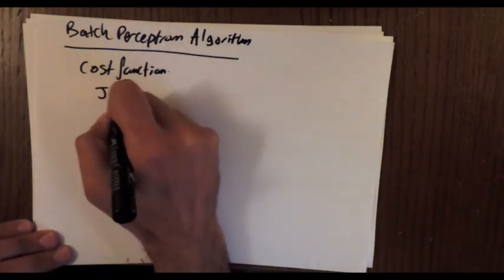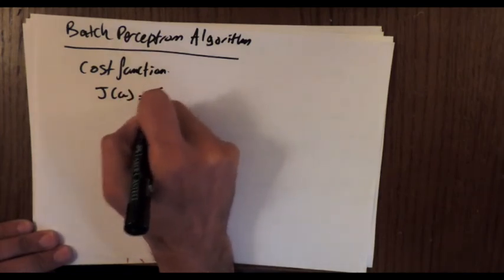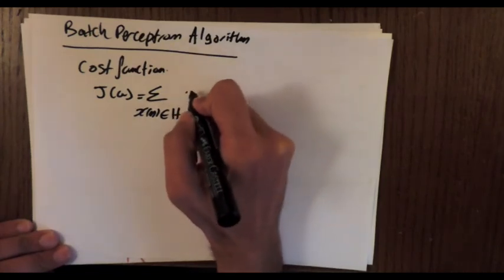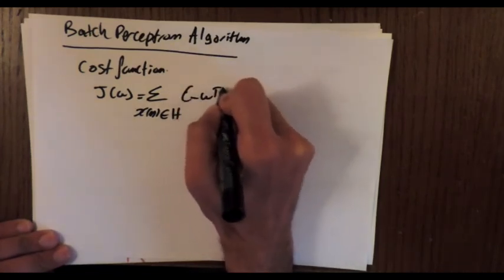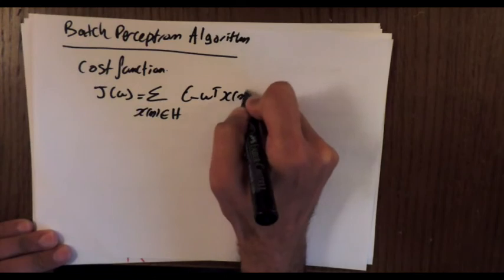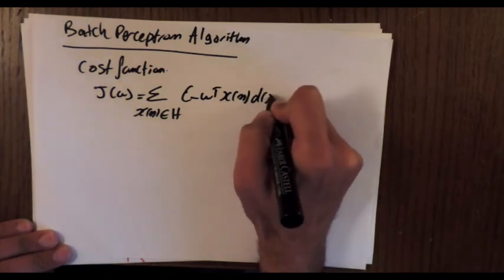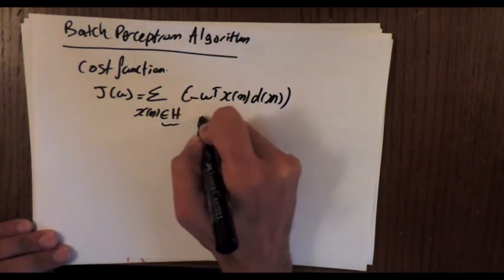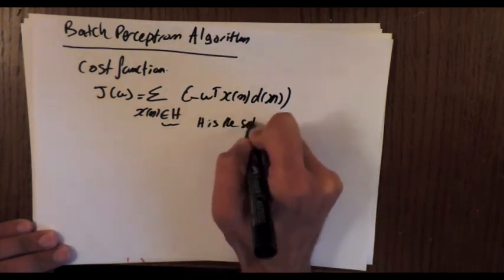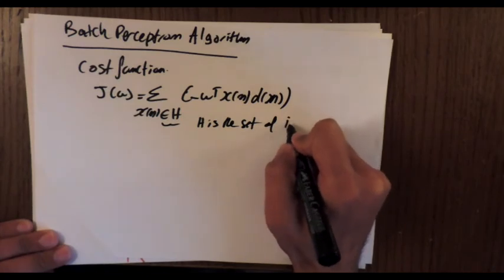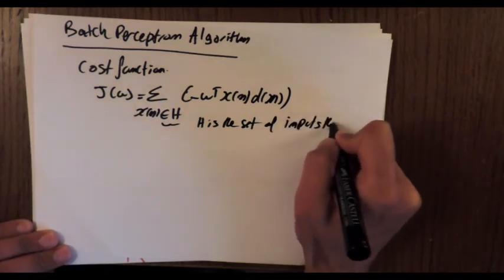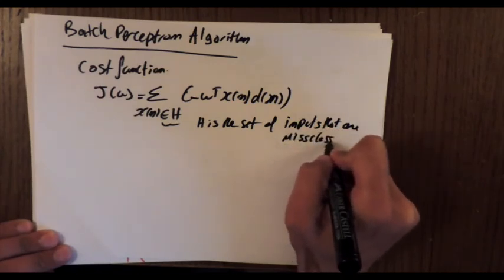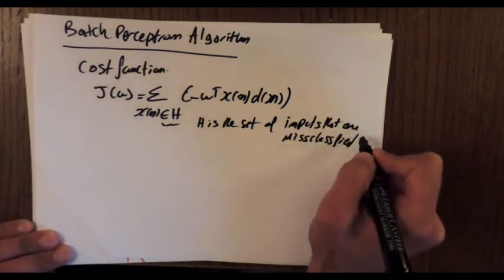I'm going to call it J of w, which will be the summation over x of n belonging to H of minus w transpose x of n times d of n, where H is the set of inputs that are misclassified, or where we have wrong classifications.